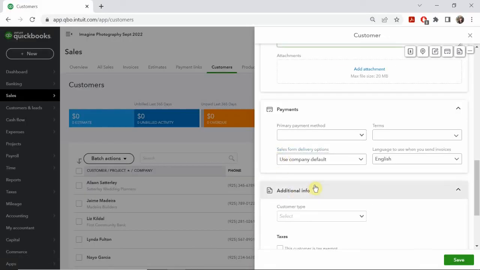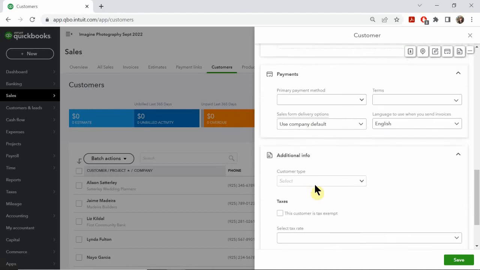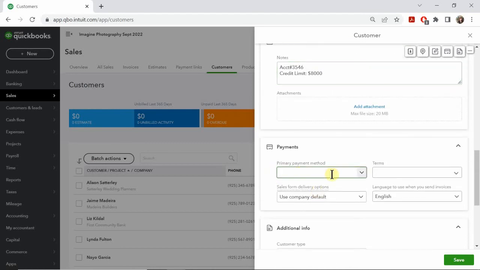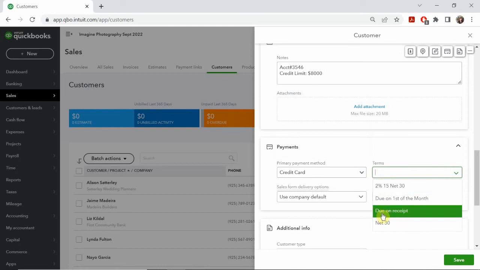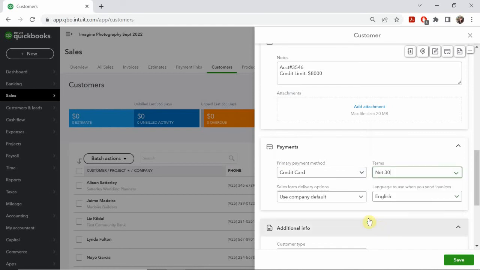So right here, we're going to have a primary payment method with a credit card, terms net 30, okay? And of course, we're going to go ahead and put use company default settings for the sales form.